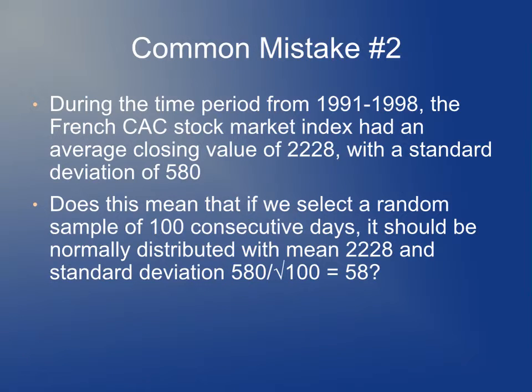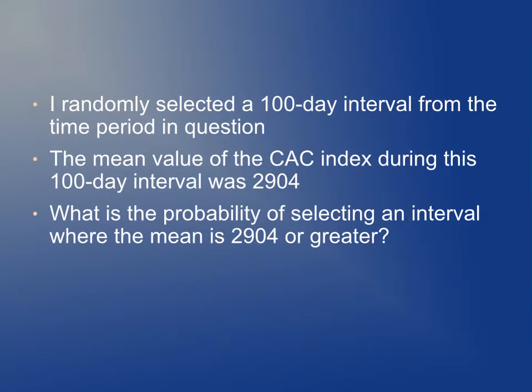So let's say we randomly select 100 days and take the mean closing price for those 100 days. That should be normally distributed with mean about 2228 and standard deviation 58 if we just naively apply the central limit theorem.